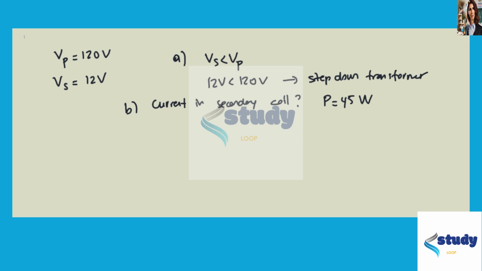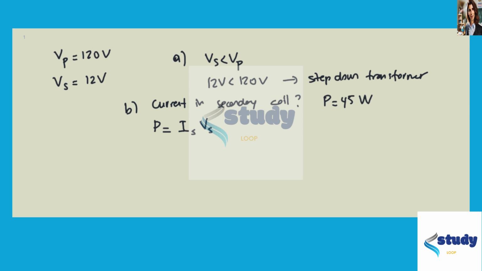So assuming that the power is the same, that the system works with 100% efficiency, if the power is the same in the primary and the secondary coil, so what we can do is basically the current going through the secondary coil, let's call it I sub S, times the potential in the secondary coil, then is going to give us the power, right?